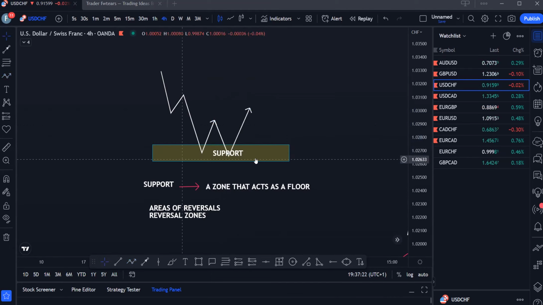That's the whole essence of identifying support zones. We are using historical data to predict the future. So the whole essence of identifying support and resistance zones is using history to predict the future. And most times history tends to repeat itself.